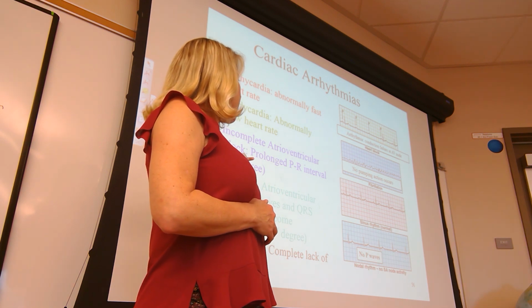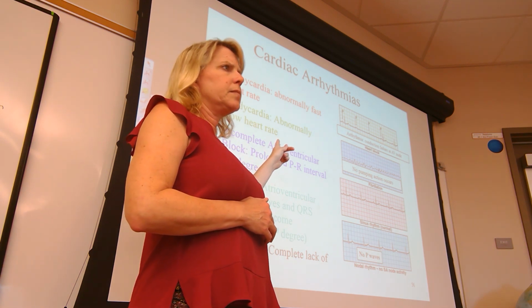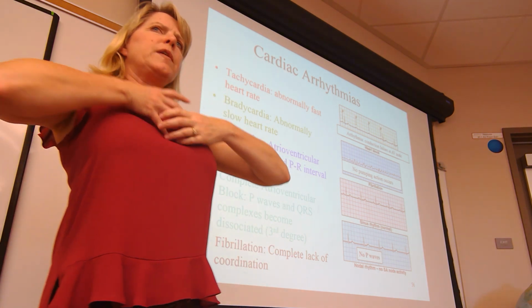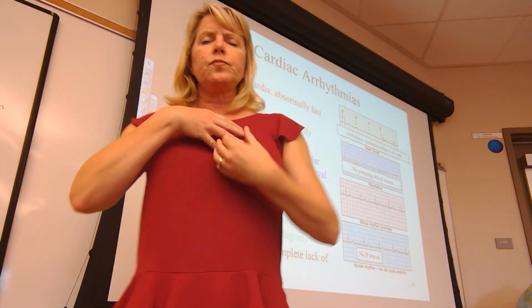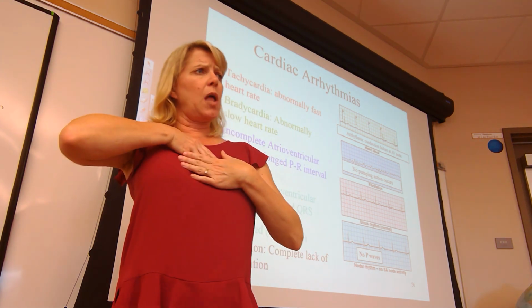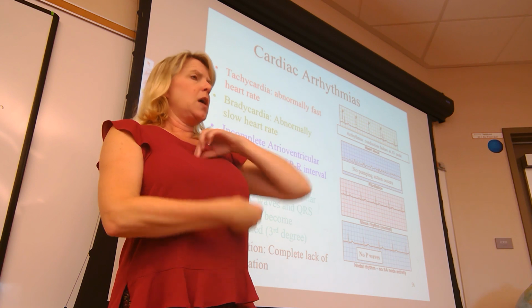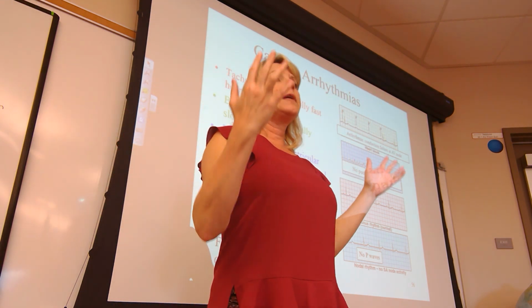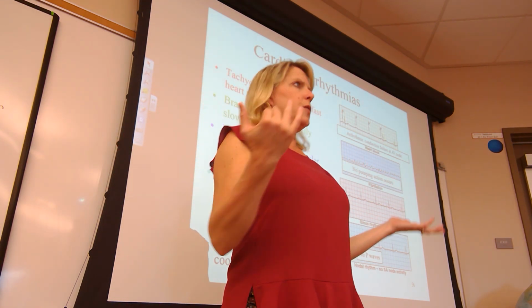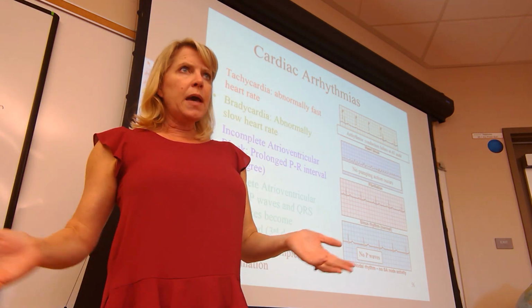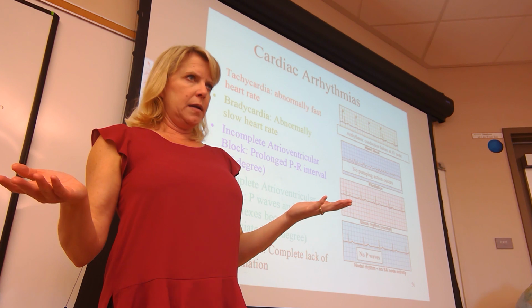Incomplete atrioventricular block. First degree. Okay. So atrioventricular block means we have a conduction block between the AV node going to the ventricles. There are different degrees of severity. There's first degree, second, and third. Your lab manual asks you about all three.